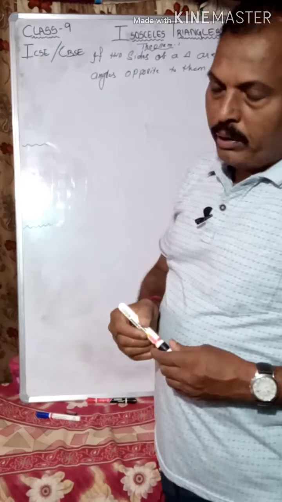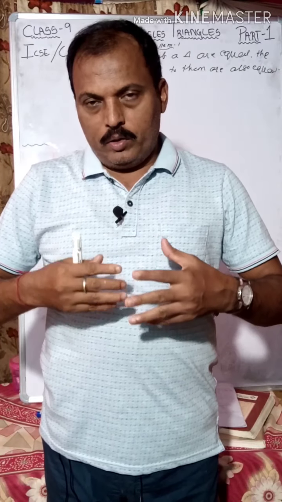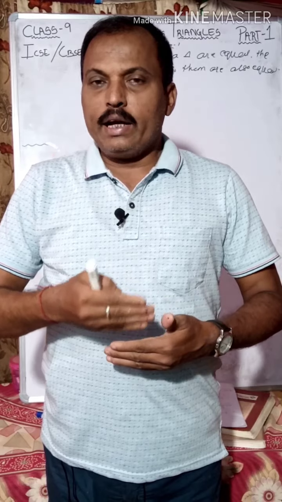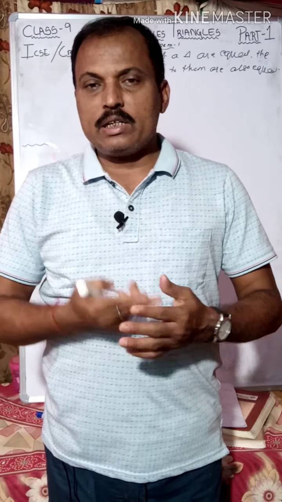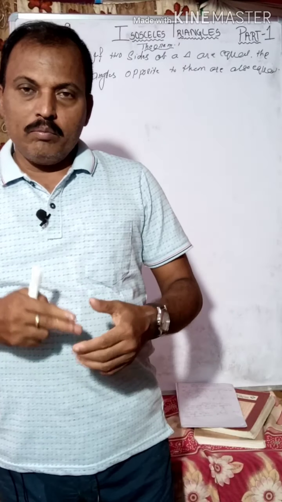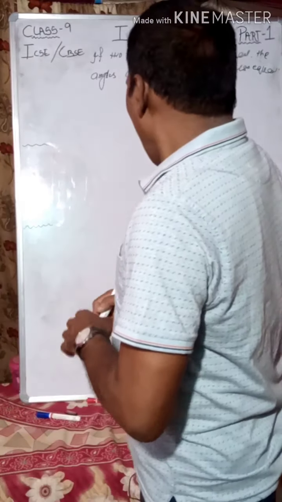There is no need to write the theorem word for word, because if you understand the gist of the theorem, we can explain it in our own language. If two sides of a triangle are equal, then the angles opposite to them are also equal.